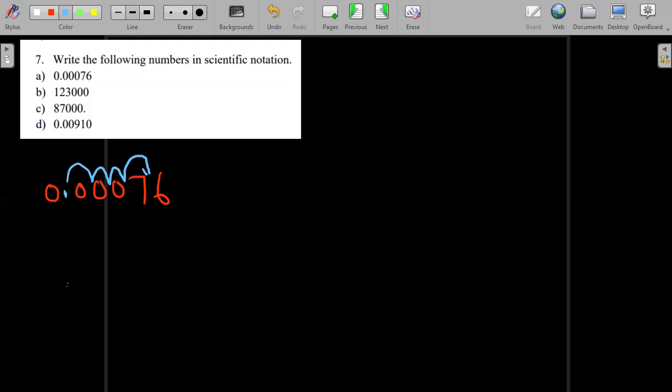That number there, 7.6, is greater than 1 but less than 10, and then times 10 to the power. How many times have we moved? We've moved 4 times to the right. So the power is going to be minus 4.